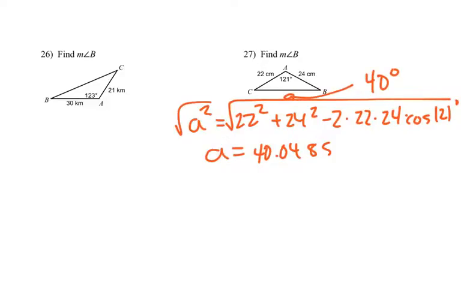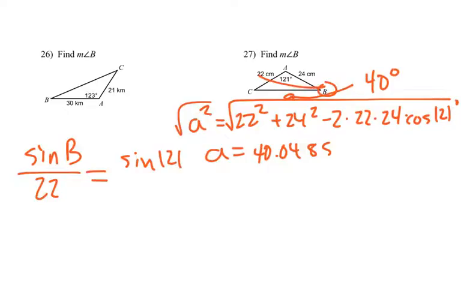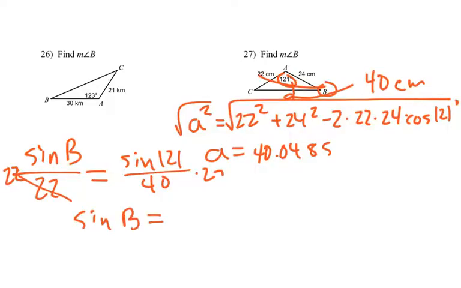That's close enough. Then I can find the measure of angle B by going the sine of angle B over 22, because that's the connection, equals the sine of 121 over, why did I say degrees? That's 40. You guys got to stop making me look bad. Centimeters. Times by 22, we get sine of B equals the sine of 121 times 22 over 40.